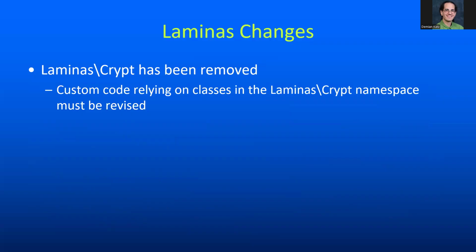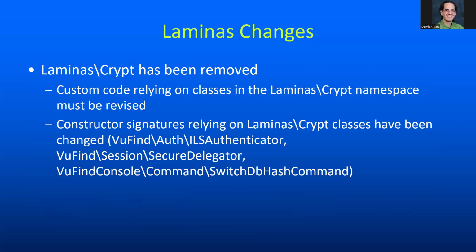In a couple of places, we've built our own local classes that replace the missing functionality with much simpler, thinner code than the Crypt library offered. Once again, note that any classes in the code base that made reference to Laminas Crypt classes have had to have changes to use the new alternatives. This impacts the ILS authenticator, the secure delegator for the session, and the command line tool for switching database hashes.